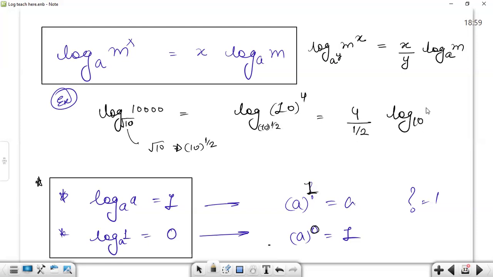And what is remaining? Logarithm of 10 to the base 10. If both are the same, it will become 1. Now remaining is 4 getting divided by half, so 2 will get multiplied in the numerator part. 8 is your answer. Okay, understood?